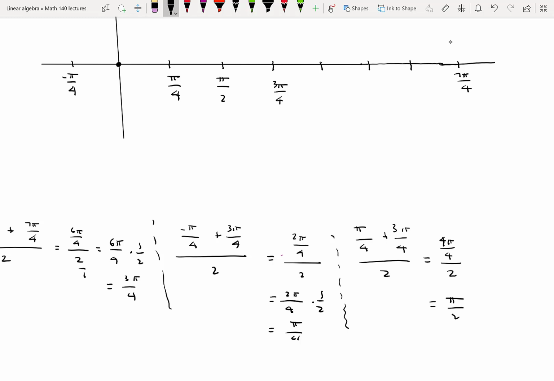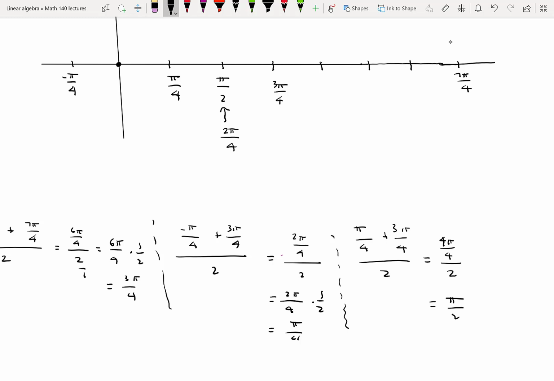If we make that pi over 2 have a denominator of 4, then we can see what the next points should be. Look at the points. Negative 1 pi over 4, then bounce to 0. Negative 1 pi over 4 plus pi over 4 is 0. 0 plus pi over 4 is 1 pi over 4, plus another pi over 4 is 2 pi over 4, 3 pi over 4. There's a pattern.